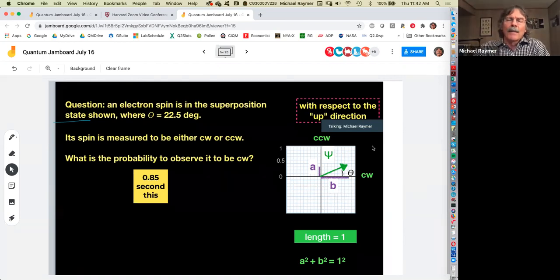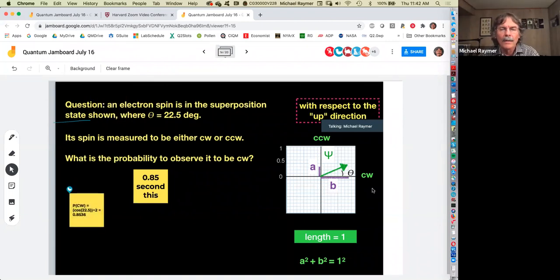I just realized that my little green arrow that I drew in the graph paper does not actually have the correct length. Its length should be 1, but I drew it a little bit too short. And the purple line is a little bit too short also. So if you understand what's going on, you'll see how to correct that. I wasn't planning to make this one a quantitative exercise.